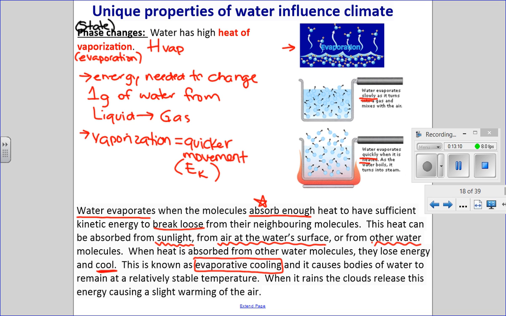Now, because when some water evaporates, necessarily other water cools off, this helps keep bodies of water relatively stable. Because this energy is constantly being transferred from one water molecule to the next, the temperature of water really does not change very easily or very quickly unless we add some additional source of energy.